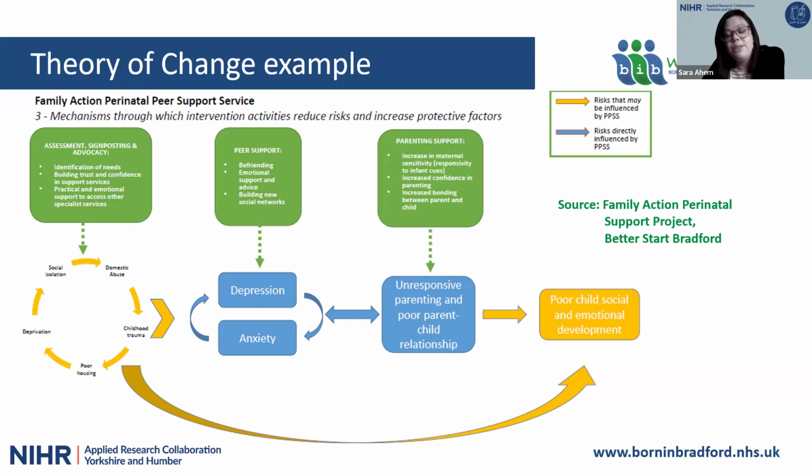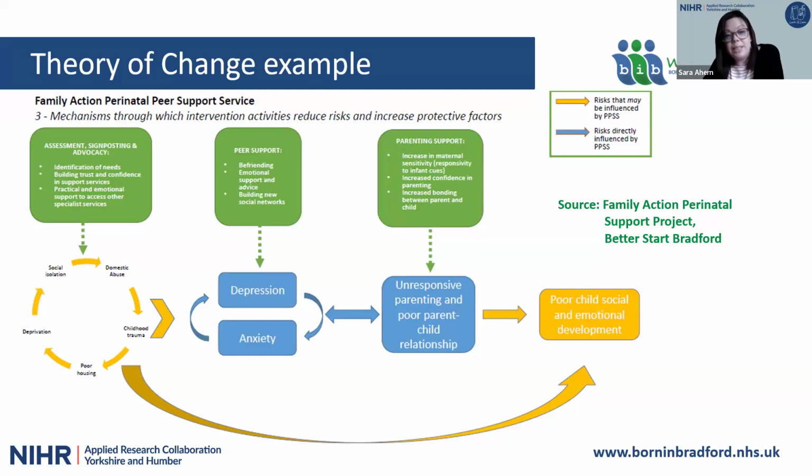I've used this example because I think it's a really nice visual way of presenting a theory of change. All the same ingredients are there, but they're there in a much more engaging format. If we start on the left-hand side in the yellow circle, what we can see here is the risk factors associated with depression and anxiety. So people who experience domestic abuse, childhood trauma, poor housing, deprivation or social isolation are more at risk of experiencing depression and anxiety.